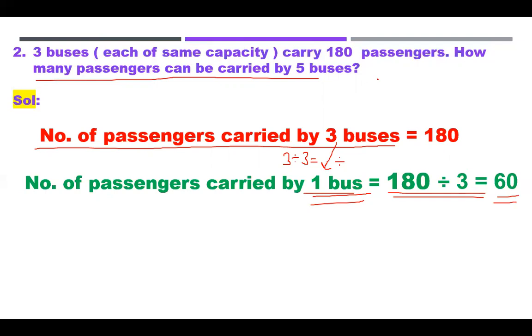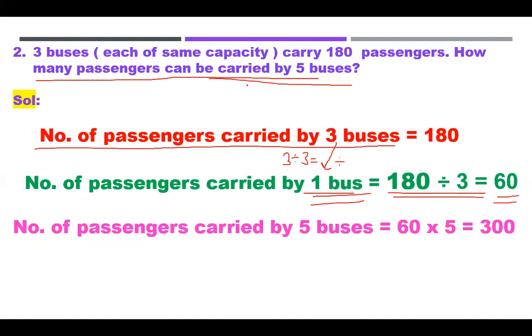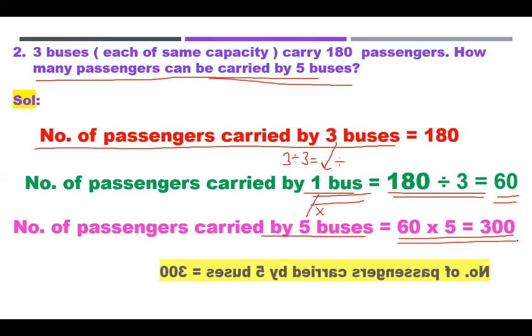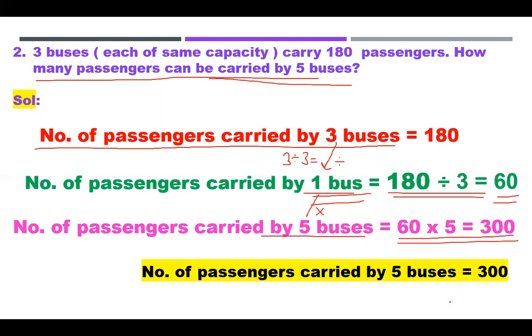And the last statement is how many passengers can be carried by 5 buses. For it, we write the statement: number of passengers carried by 5 buses is, the only thing is that from one to many, you have to multiply. 1 times 5 is 5 and 5 sixes are 300. You will get the answer that the number of passengers carried by 5 buses is equal to 300 passengers can sit in 5 buses, right?